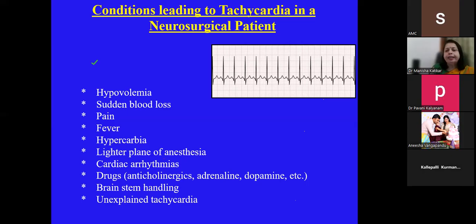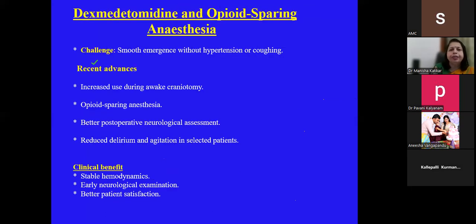If there is no proper explanation for that tachycardia, you ventilate the patient postoperatively, and let the patient get up on their own in another 6 to 8 hours. So you must be able to know why the patient is getting tachycardia, bradycardia, and why the patient has hypertension or hypotension.